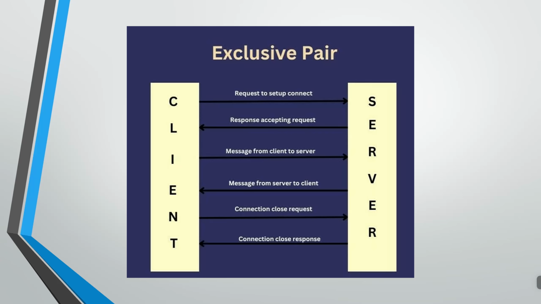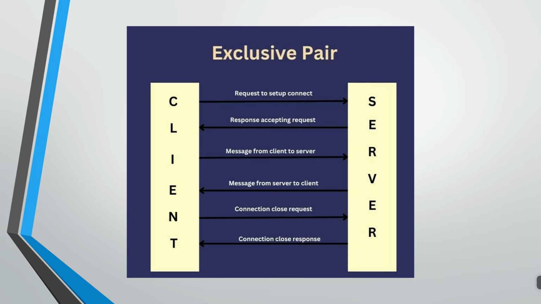model. So here you have a client as well as a server. Basically, this concept works with a TCP-based model wherein a request to connect is sent to the server. The server responds by accepting the connection. The connection is established, then messages go from the client to the server, and every message is sent back as a response from the server to the client.